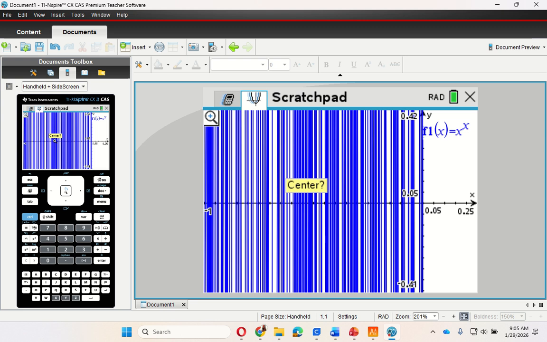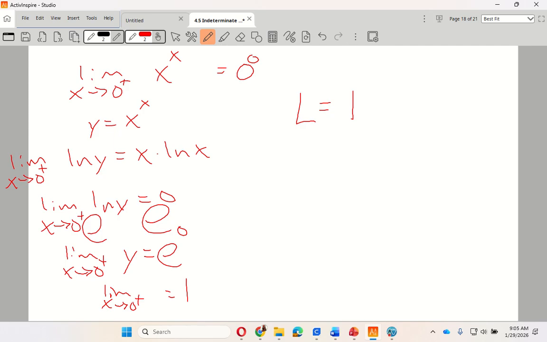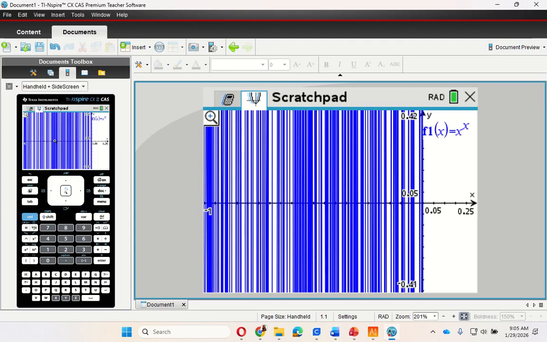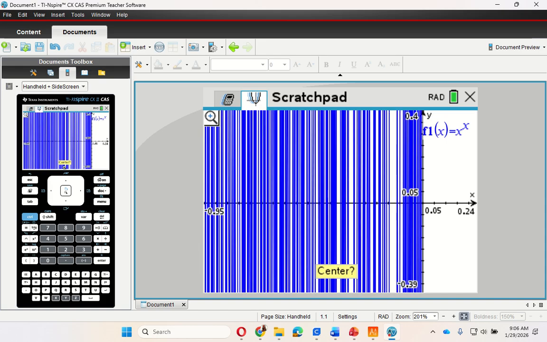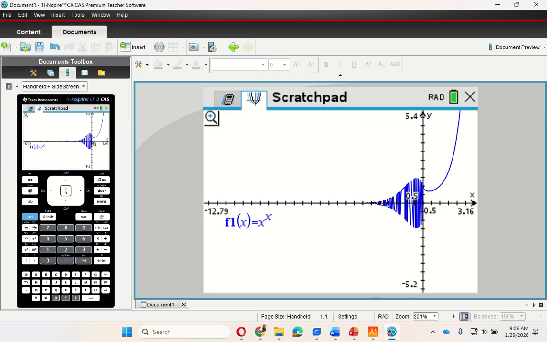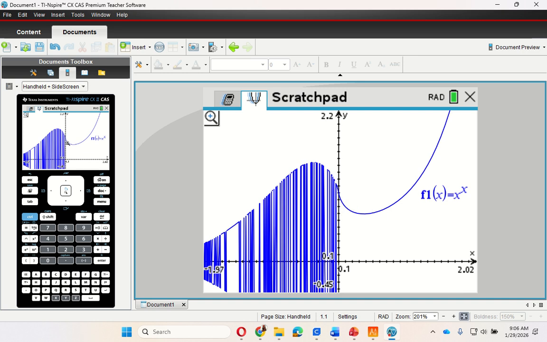So from the graph by itself, we can't really pick it out. But what we did is L'Hopital's rule with the indeterminate form is going to give me that the limit as x approaches 0 from the right-hand side is going to be 1. So it's going to cross here at 1. Right?